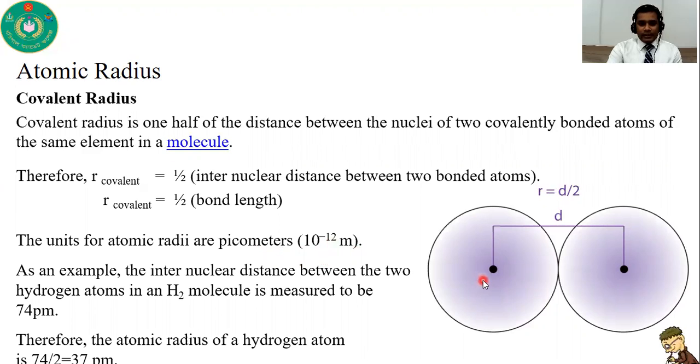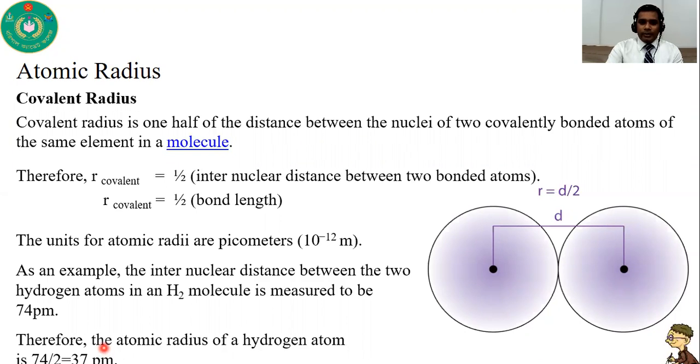So if we give an example, the internuclear distance between two hydrogen atoms in a hydrogen molecule is 74 picometer. So what is the atomic radius of one hydrogen atom? It is 74 divided by 2, equal to 37. So we can say that the atomic radius of one hydrogen atom is 37 picometer. How do we find it?